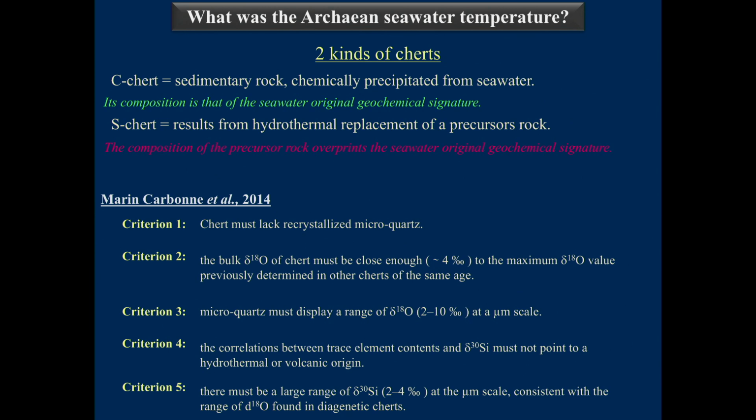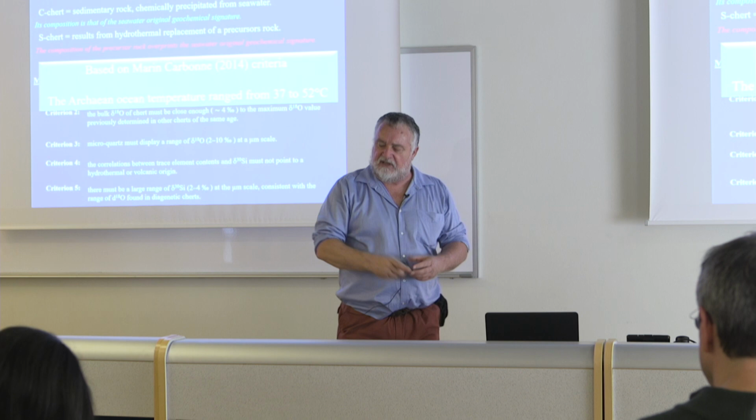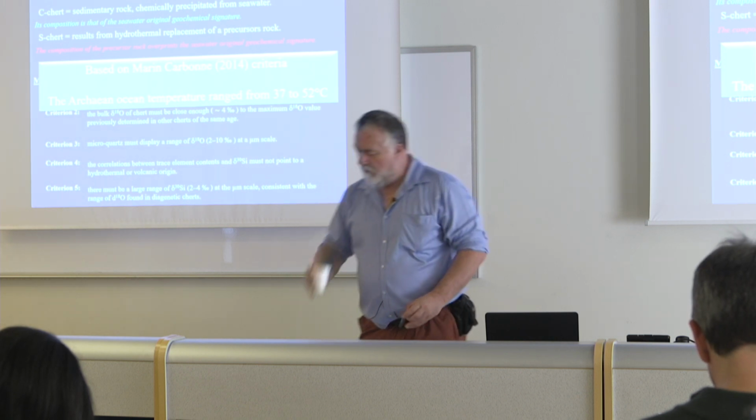And using these criteria, she obtained temperatures ranging between 37 and 52 degrees. So this is not 80 degrees, but that means that, if we follow this line of evidence, the temperature of the Archaean ocean was greater than it is today. Not very much, but it was greater than it is today.